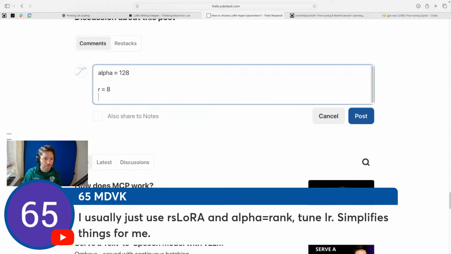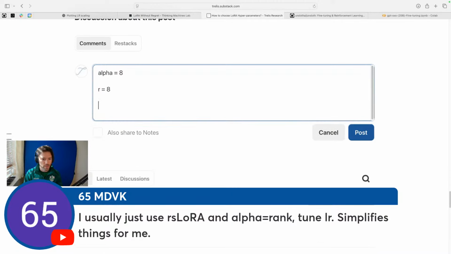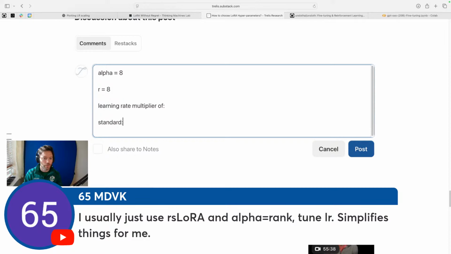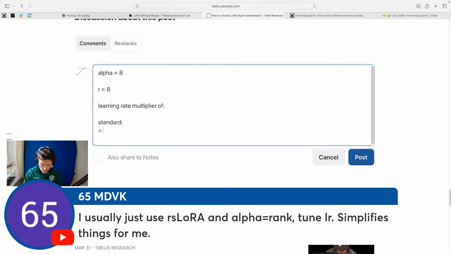If you set alpha equals 8 and rank equals 8, let's do it with standard, and then with rescaled. With standard, alpha equals rank, so it's 8, and then it's divided by 8 because that's the rank. So your learning rate multiplier is 1.